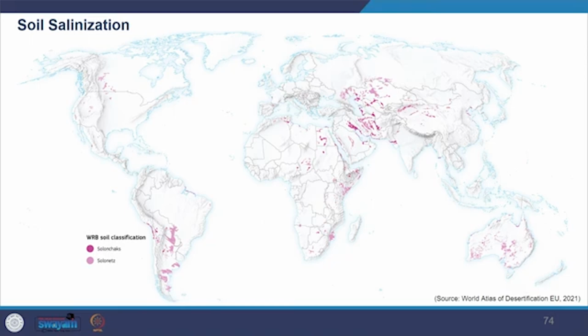In some of the countries, this problem is on a large scale, and as per the report, 33% of the global irrigated areas has declining productivity because of insufficient irrigation, which is causing waterlogging and salinization. So look at the scale, we are talking about 33% of the globally irrigated areas.